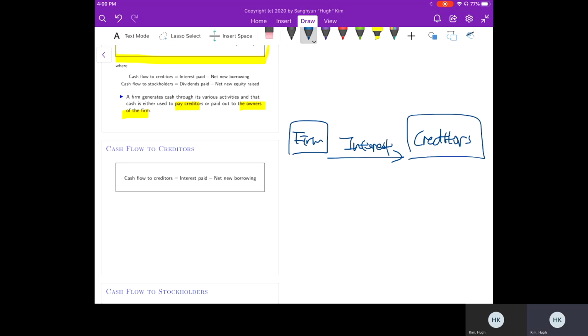Also, the firm may pay off some old debt, so the firm may retire old debt.